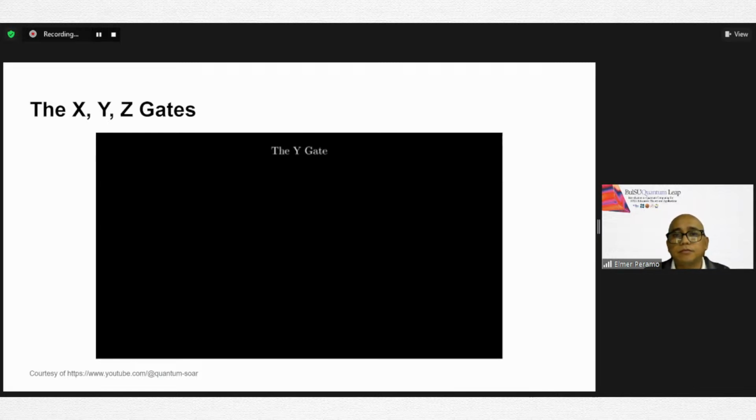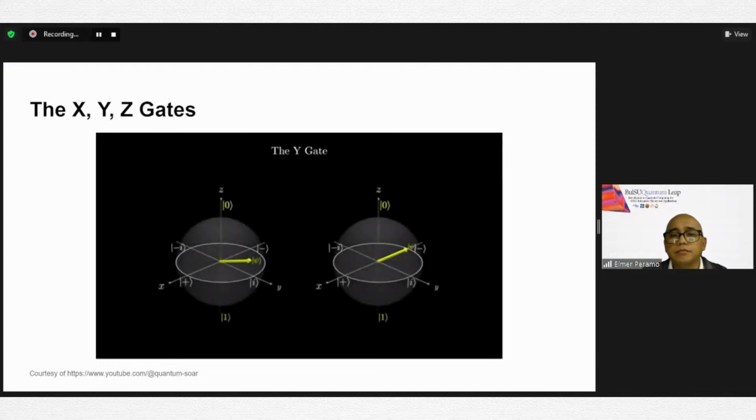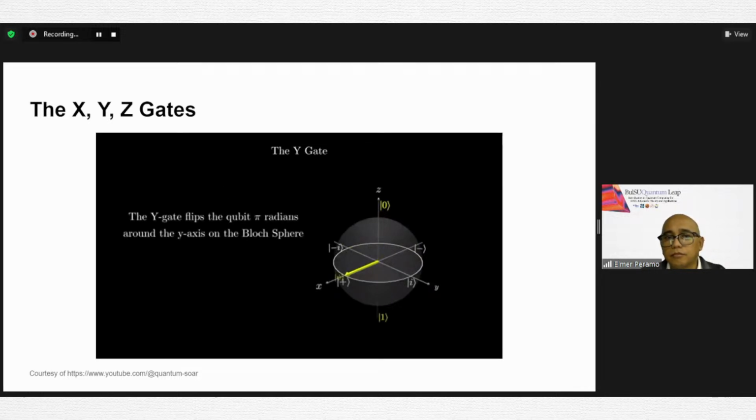Now let's have a look at the Y gate. Here are some examples of the Y gate transformation. As you can see, it does the same thing as the X gate, but instead it rotates the qubit state 180 degrees or pi radians around the y-axis.